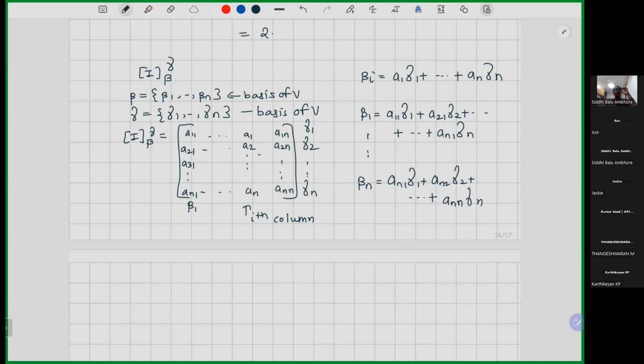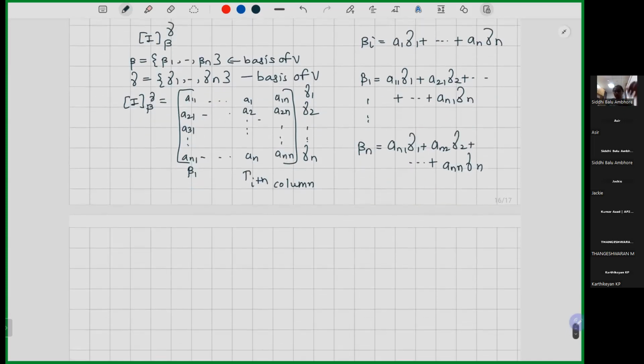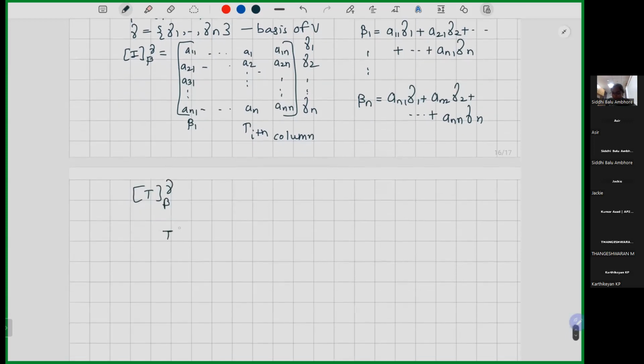So that's how. And even for linear transformation, we do the same. If I am asked to write the linear transformation matrix from beta to gamma, I do the same thing. Instead of beta 1, I write T beta 1 in terms of gamma 1, some A1 up to AN gamma N. Similarly, T beta N in terms of A1N up to ANN gamma.